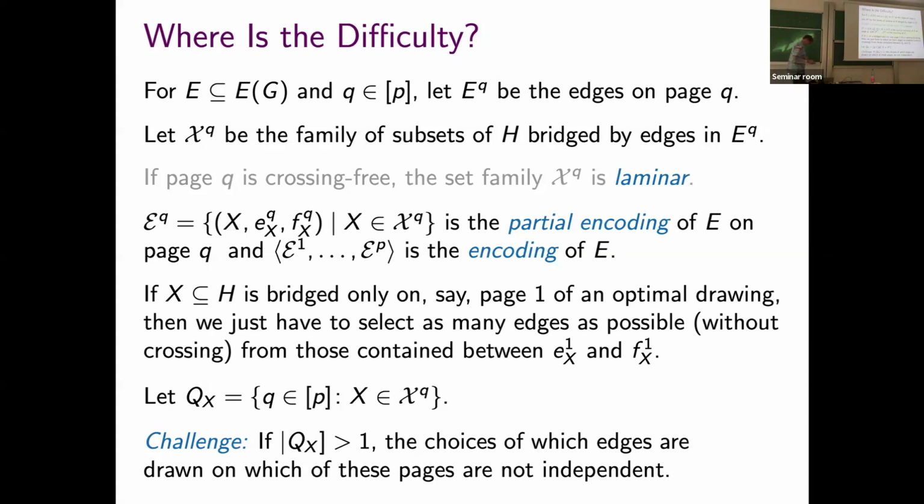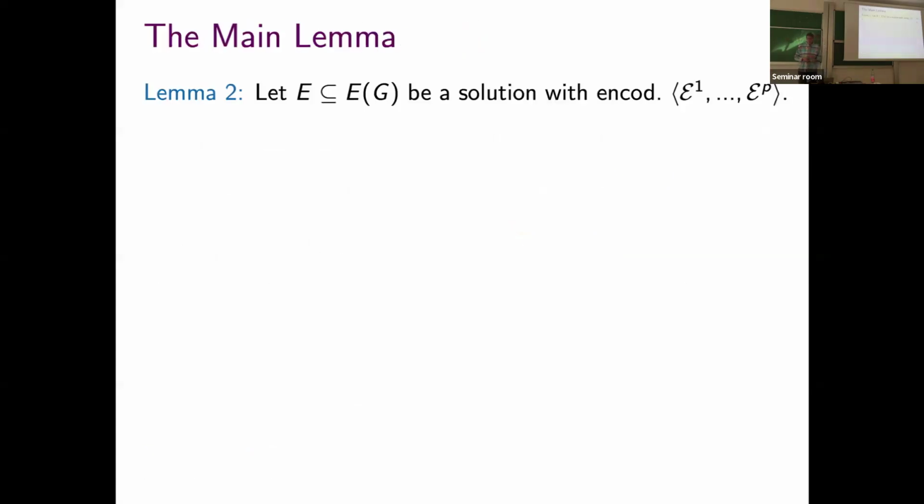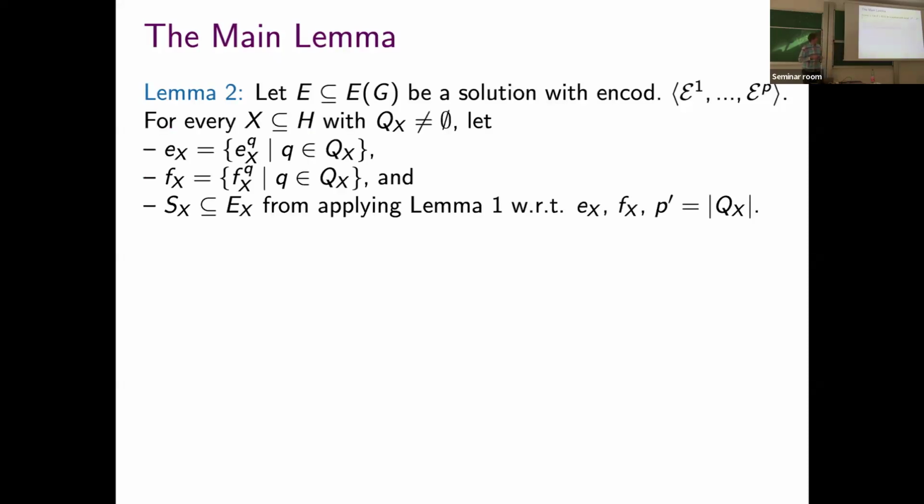But luckily, we found a solution, which is written down in this main lemma. Let's try to understand what it says. Again, let's use E for some solution with a given encoding. The encoding is what we will guess. So for every subset X of the hitting set, some edges actually bridge this set of hitting points.